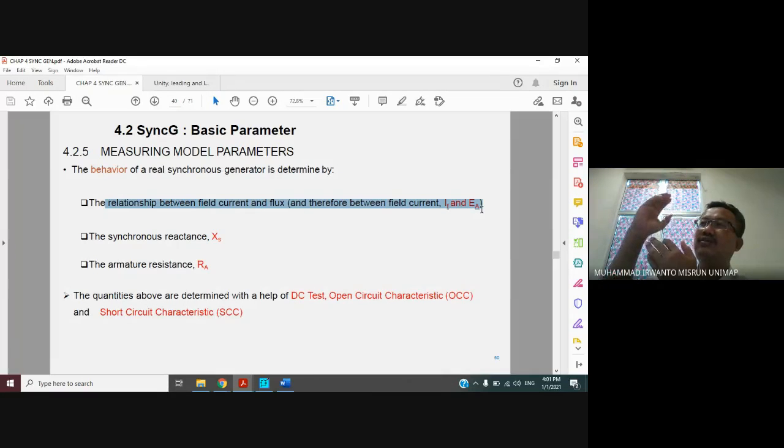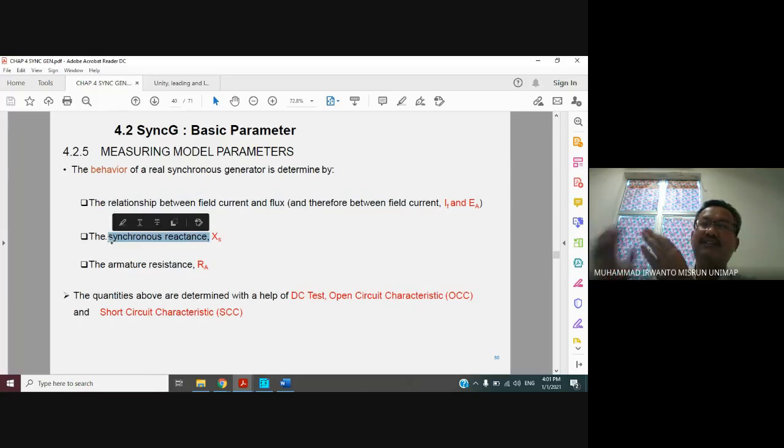The increasing field current will also increase the internal generated voltage. The other parameter is the synchronous reactance, XS.